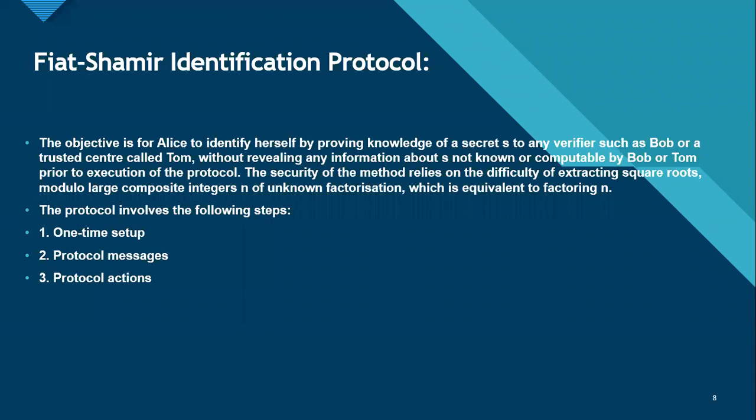Fiat-Shamir identification protocol. The objective is for Alice to identify herself by proving knowledge of a secret S to any identifier, such as Bob or a trusted center called Tom, without revealing any information about S not known or computable by Bob or Tom prior to execution of the protocol.